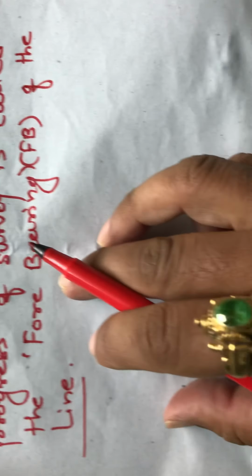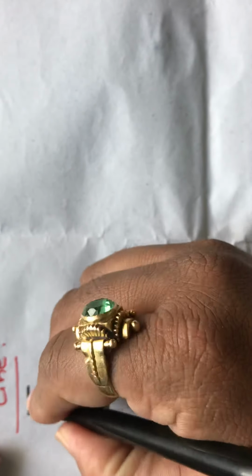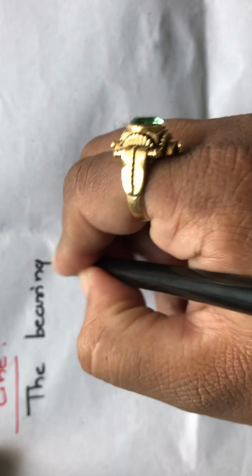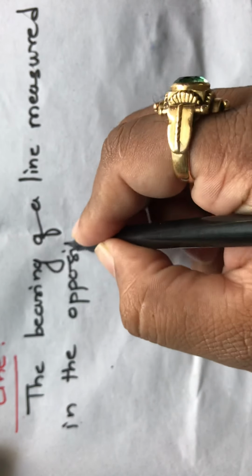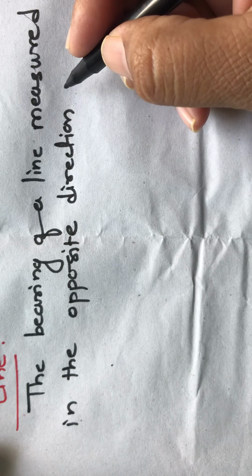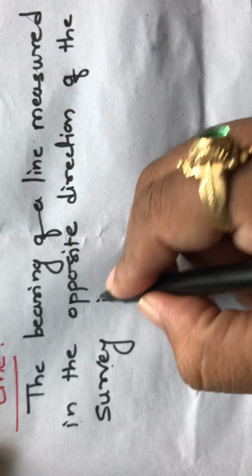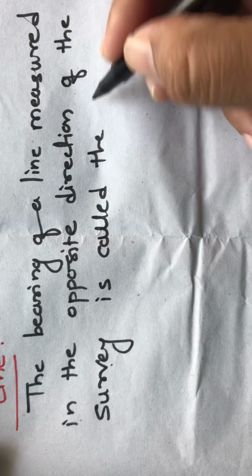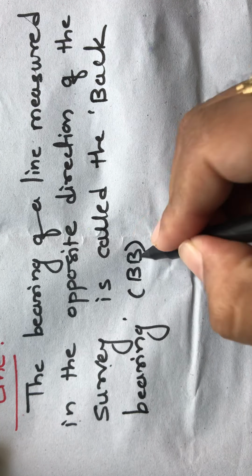Now what is the back bearing? The bearing of a line measured in the opposite direction of the survey is called the back bearing, that is BB of the line.